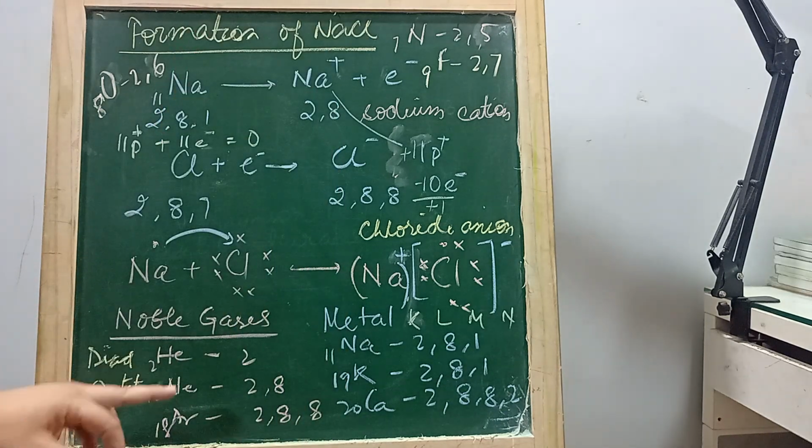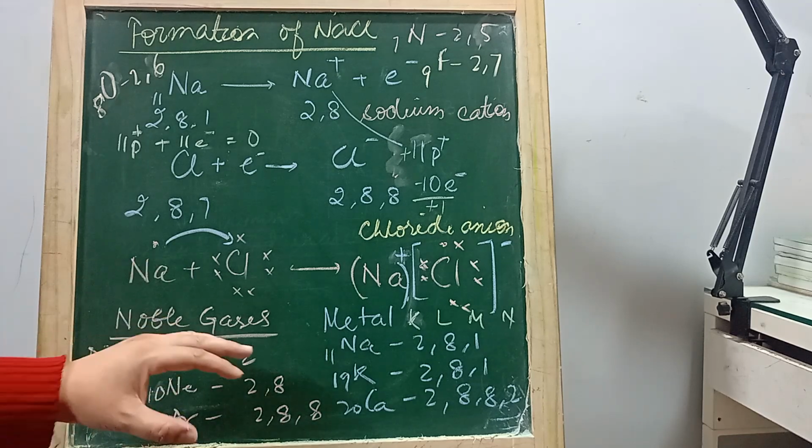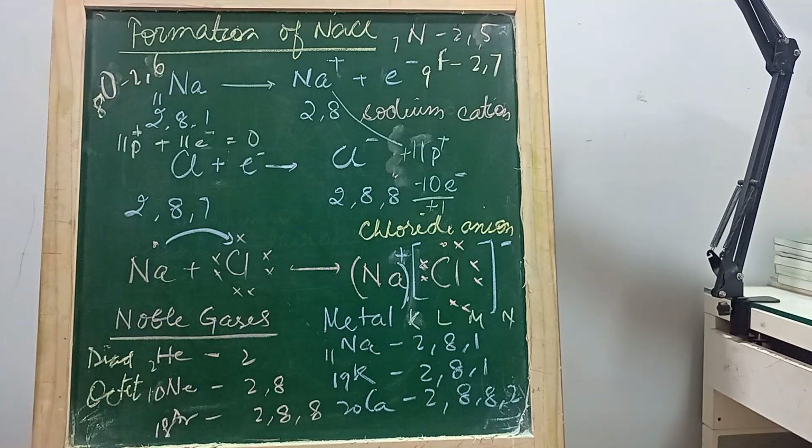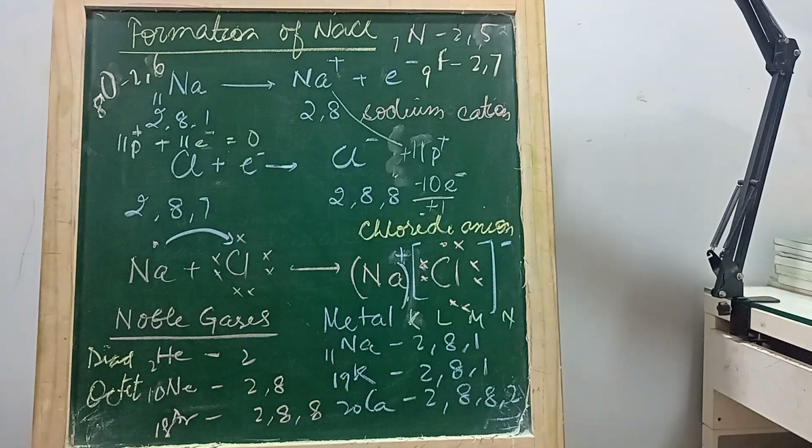Their configuration is: helium is 2, neon is 2, 8, and argon is 2, 8, 8. These are noble gases, which means they are very noble. They do not react or combine with any other element. That means they neither want to give away electrons nor take electrons.